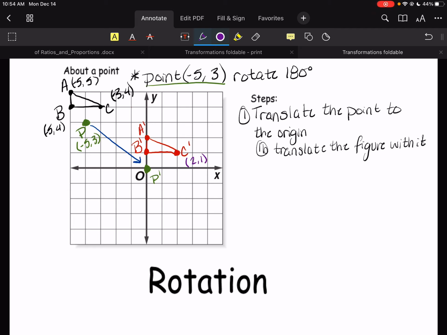So make them both negative. So I'm going to be now at negative 2, negative 1. B is at 0, 1, so I'll be at 0, negative 1. And A is at 0, 2, so it'll now be 0, negative 2.